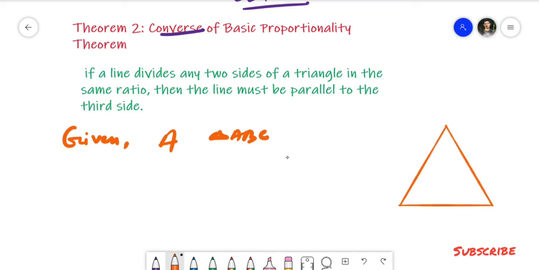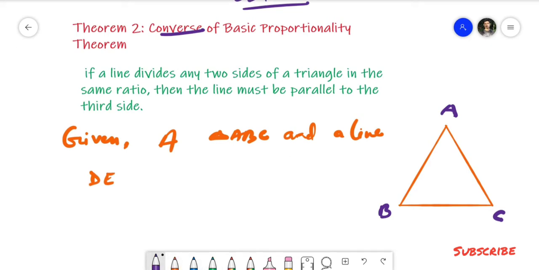Okay, this is the triangle. For example, because I wrote ABC, so I'm just giving A, and this is your B, and this is your C. Okay, so ABC and a line DE. So I'm going to draw that line.